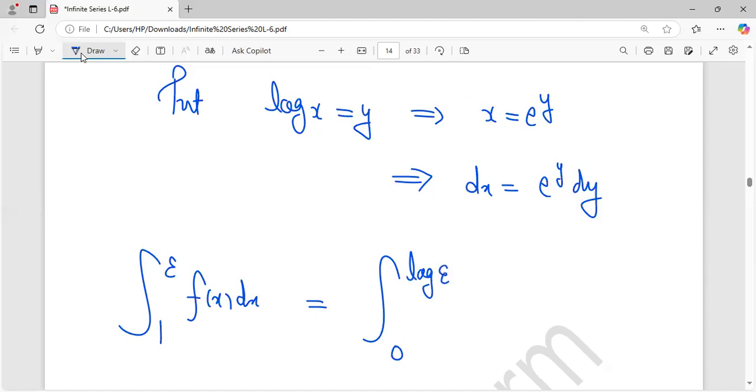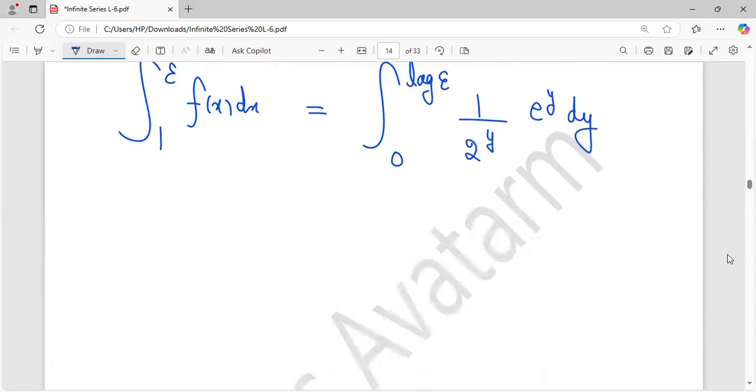So the integral is 0 to log epsilon of (e by 2) to the power y dy.